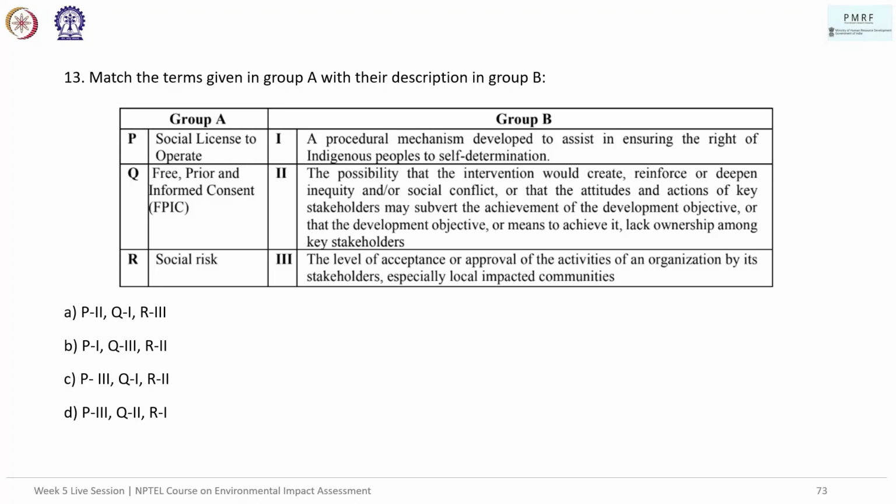Any responses? Okay, we have one response.